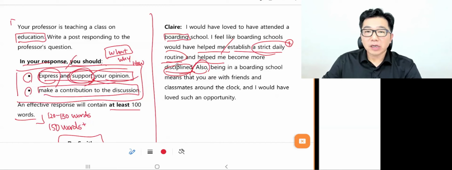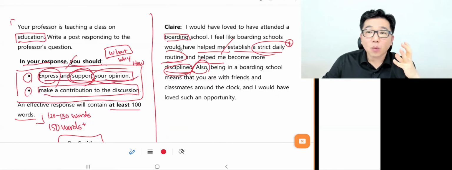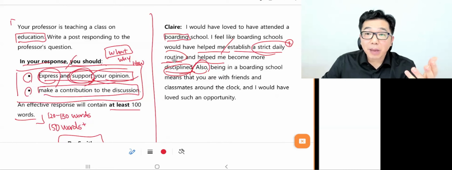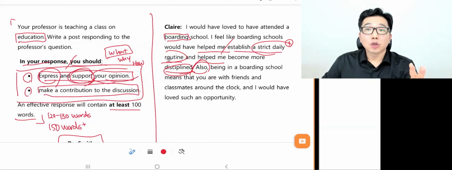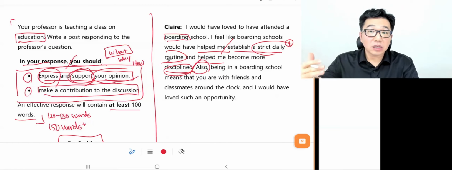Then by reading this, you can kind of solidify, yeah, this is exactly why boarding school is not a good idea. I think students should have more freedom to do whatever they want, or they should practice making their own decision. They should set their own schedule and follow it to be ready to become more independent person as an adult in the future.